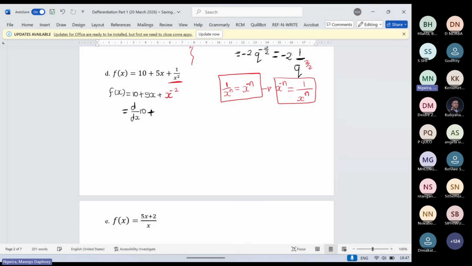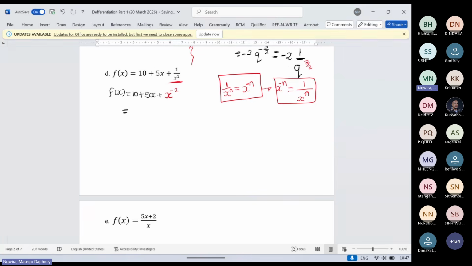There's nothing that I'm doing differently. I'm doing it one by one. I can either write it this way or I can just differentiate. Let me not do this because it's going to be too long. I'll do it when we move down there.